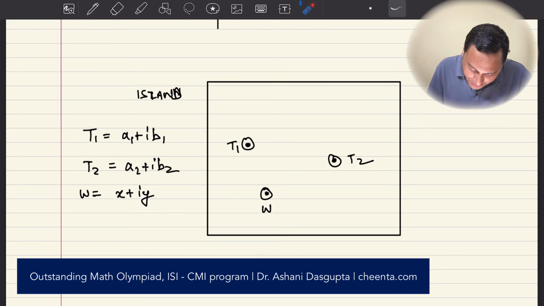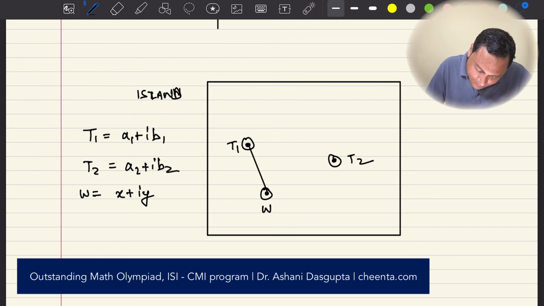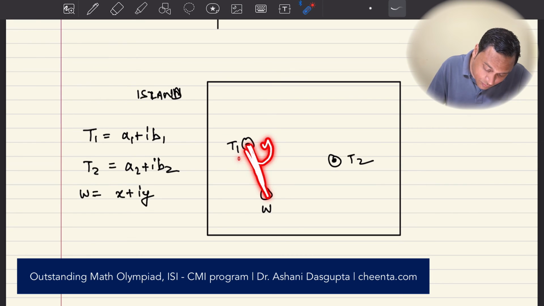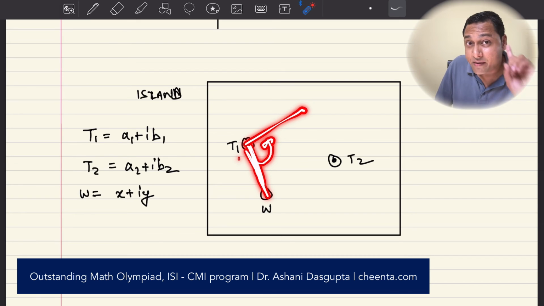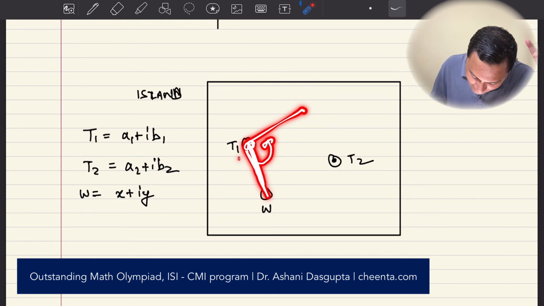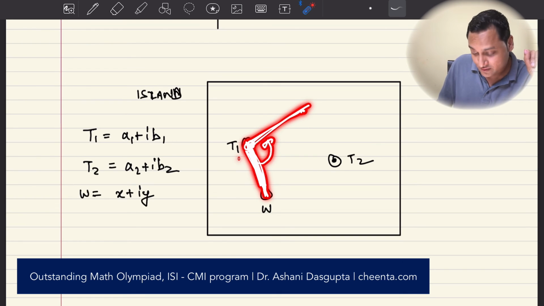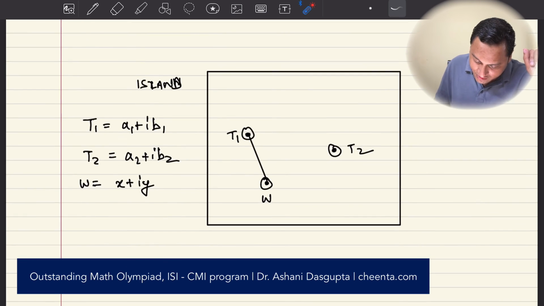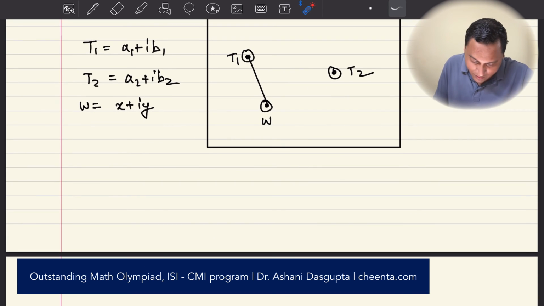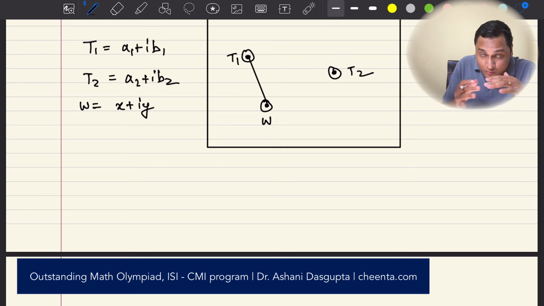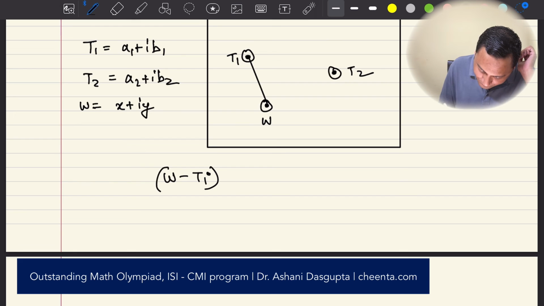So what we are going to do is rotate WT1. We want to rotate WT1 about T1 by 90 degrees. This is very important. So what is WT1? Well, you want to bring T1 to the origin in some sense. So W minus T1 times i.